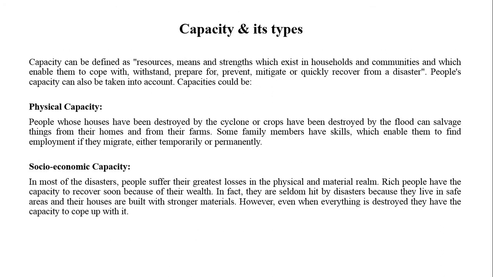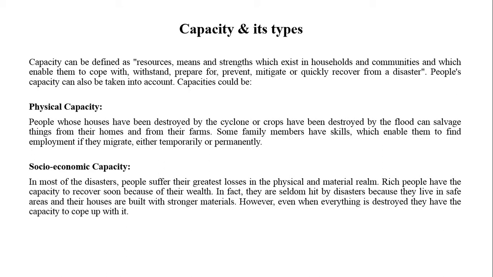Now, capacity and its types. What is capacity? Capacity can be defined as resources, means and strengths which exist in households and communities and which enable them to cope with, withstand, prepare for, prevent, mitigate or quickly recover from a disaster.